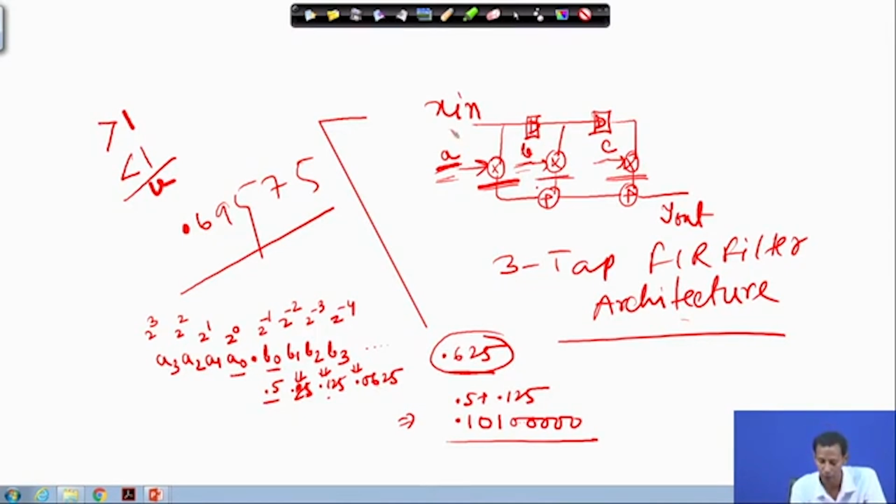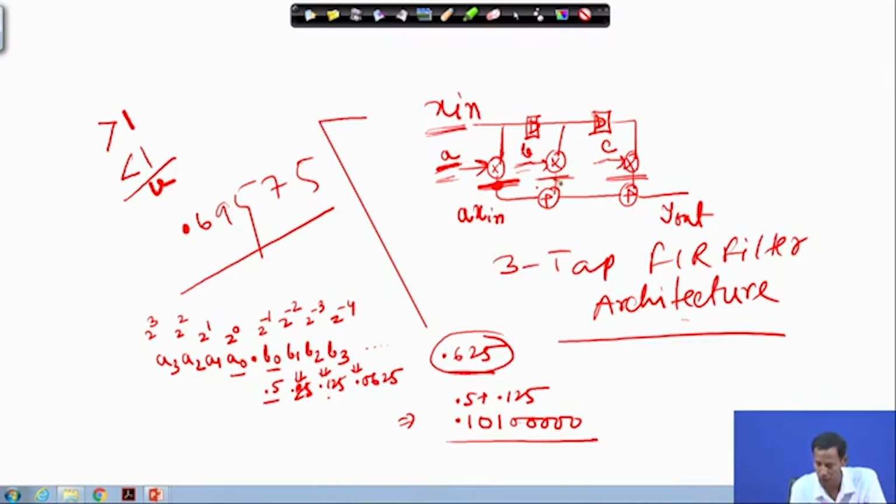Okay. So, if they are known from the beginning, what is unknown? The unknown value is x in. So, if I come to this particular point, the output at this point will be A into x in.